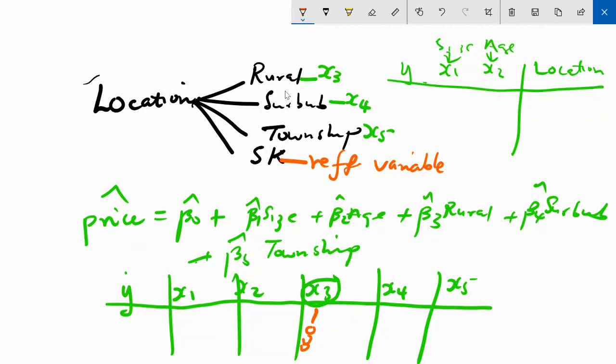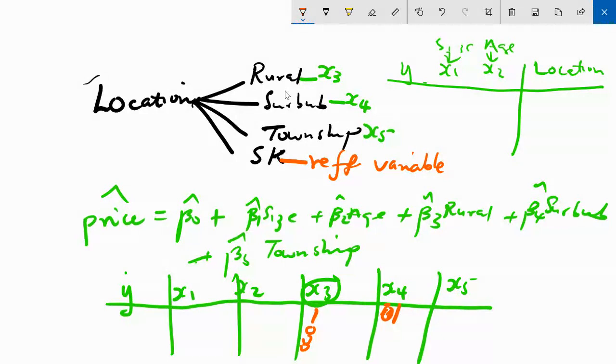Same applies to X4. If the house is from the suburb areas, there's no way that you can have 1 under X3 and 1 under X4. Let's say you cannot have this situation. You cannot say the house is from a rural area, at the same time the house is from the urban area.